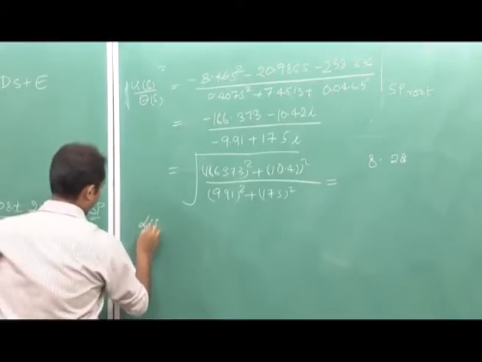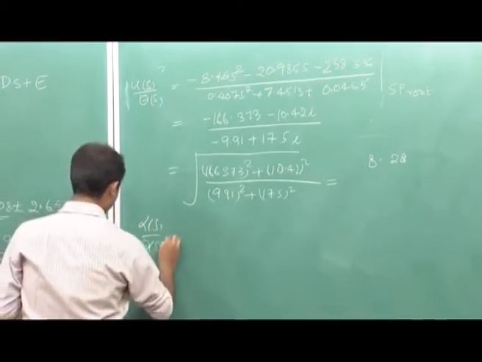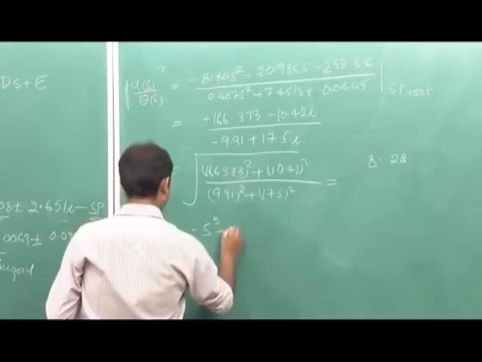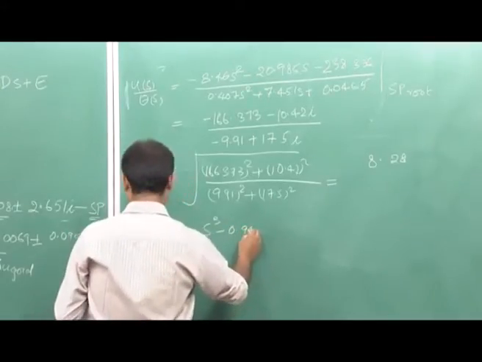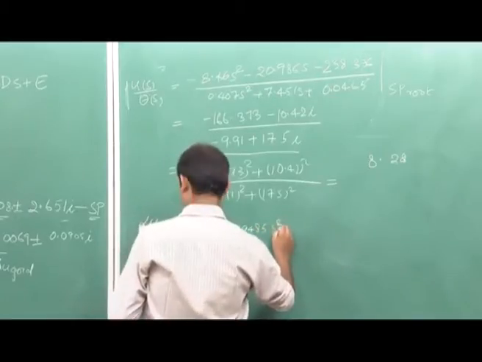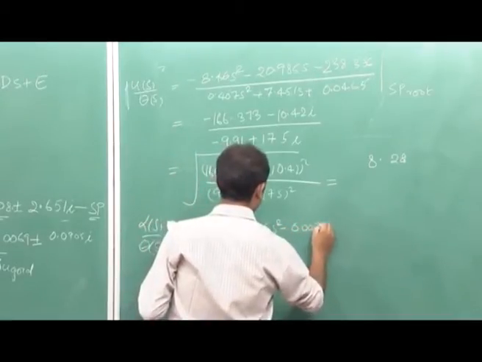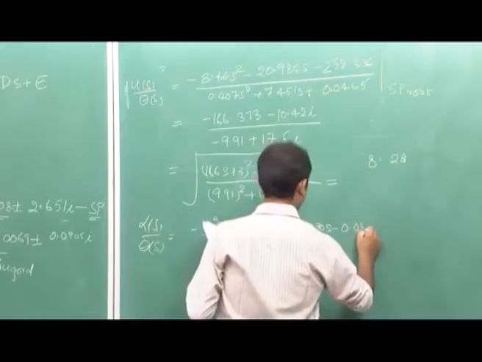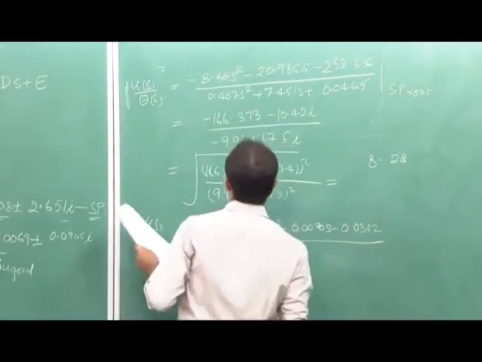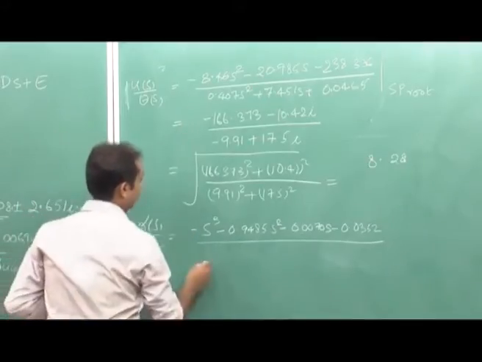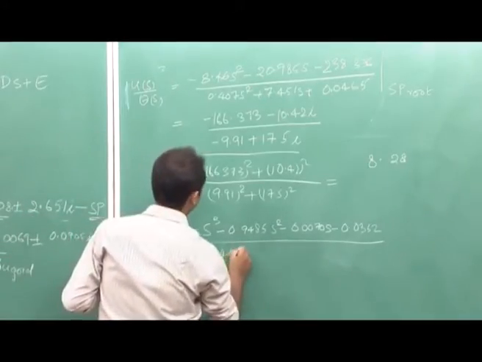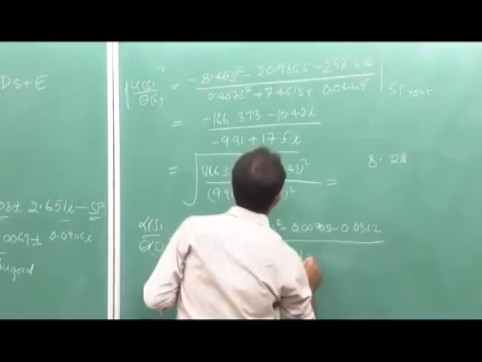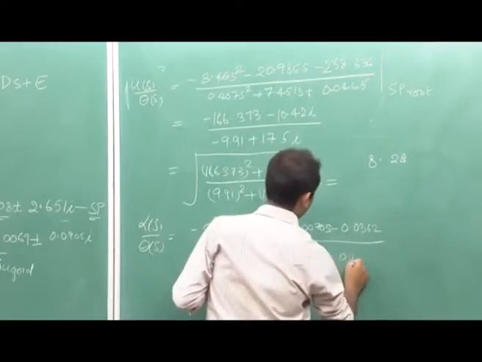Similarly, alpha of s upon theta of s was minus s cube minus 0.9485 s square minus 0.0070 s minus 0.0352 divided by, since the denominator was the same, so this will be similar, 7.451 s plus 0.0465.